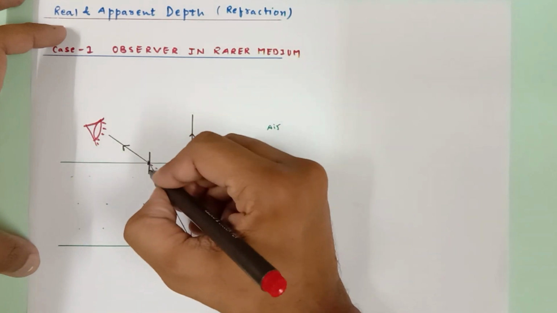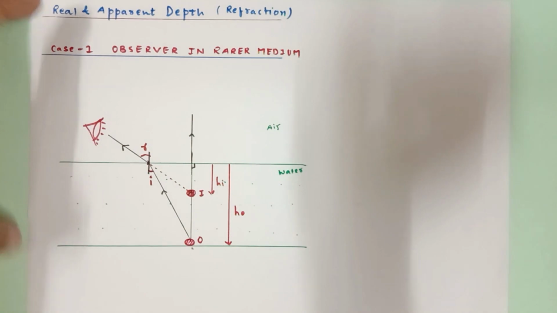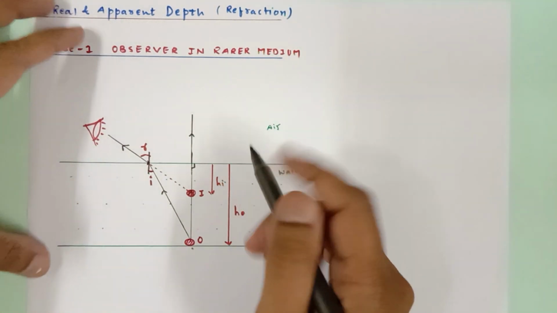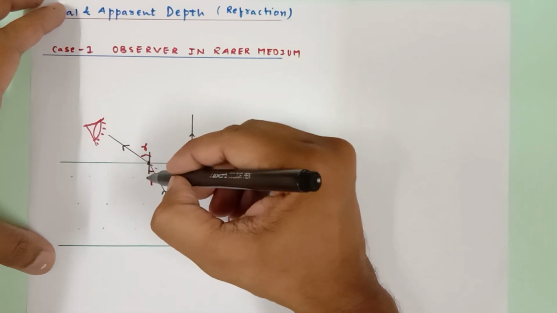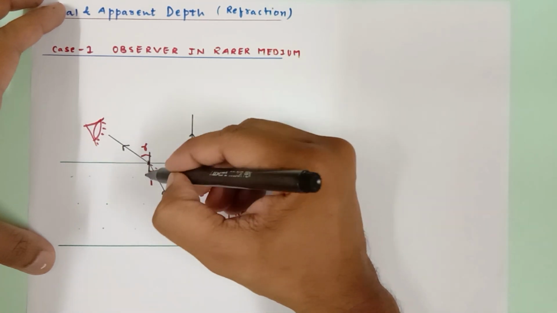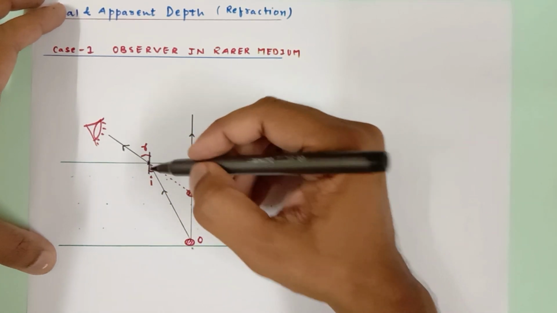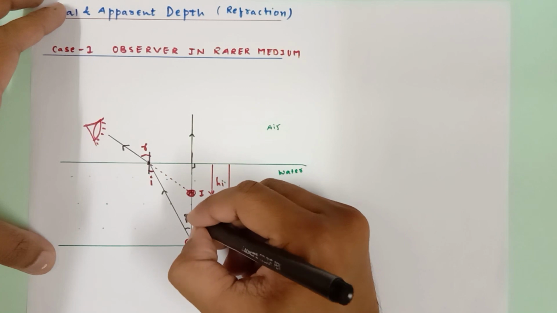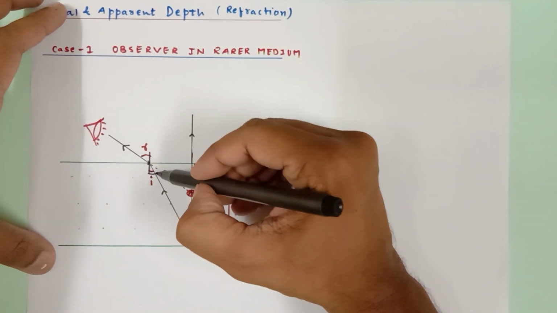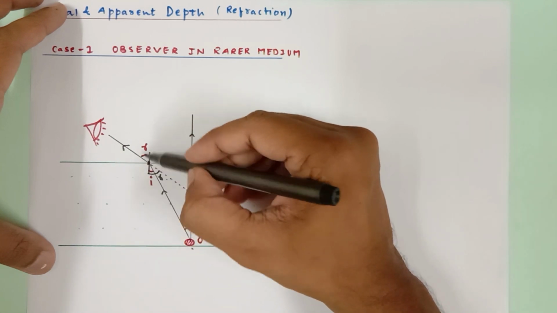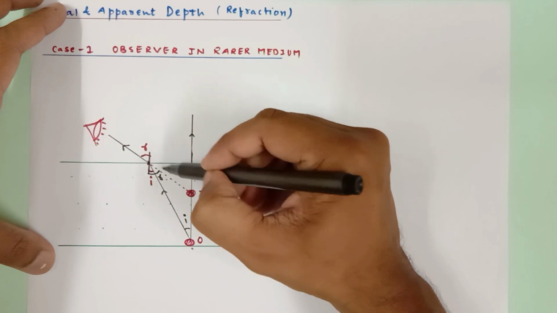Now we know that this is the angle of incidence I, and this is the angle of refraction R. Now I'm going to mark all the angles. If you look at this, there is a Z formation, so this angle and this angle are equal because they are alternate angles. And if this angle is R, then this whole angle is R because they are vertically opposite angles. And here again a Z formation takes place like this.